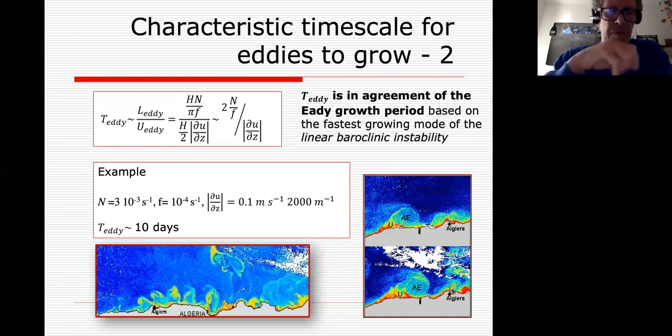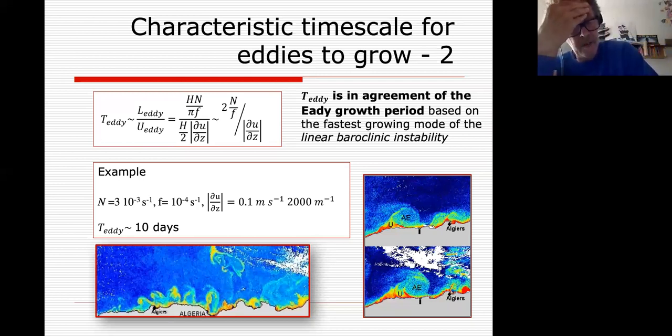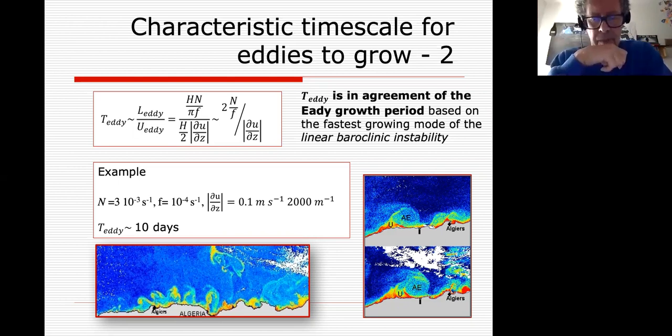This is quite a back of envelope calculation, but it is in very good agreement with the eddy growth period calculated by the Eady theory, which is the fast growing mode of linear baroclinic instability.